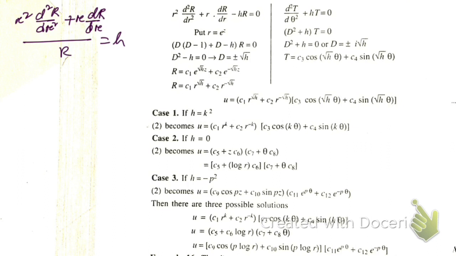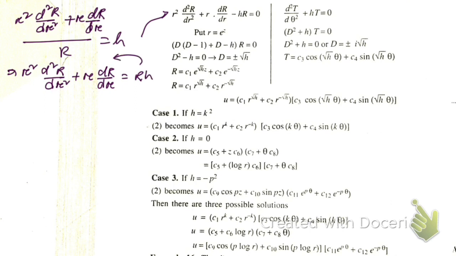And if you simplify this, then you're going to get this equation, right? So if you simplify this, then what you're going to have, r square d2R by dr2 plus r dR by dr, capital R into h. Okay, and if you bring this to this side, then you're going to get this equation, right?